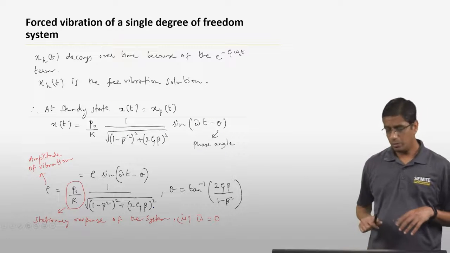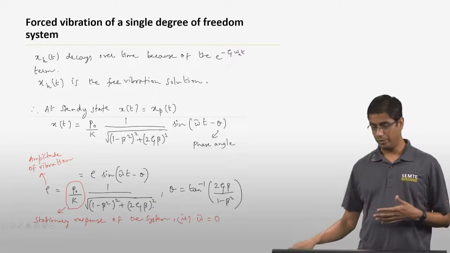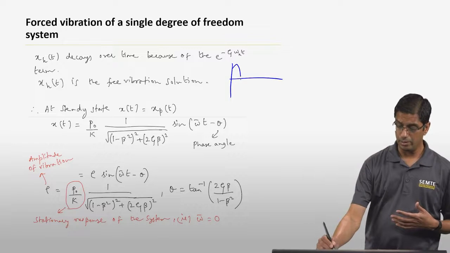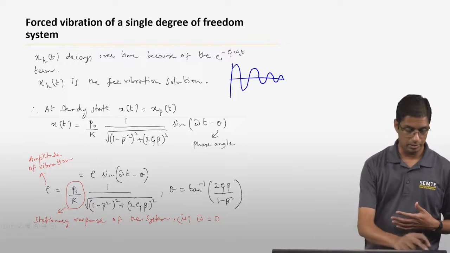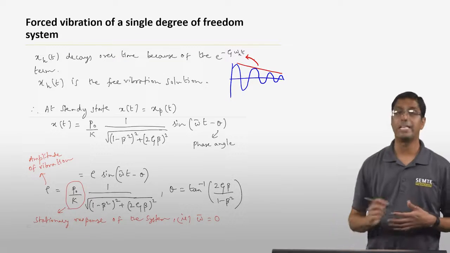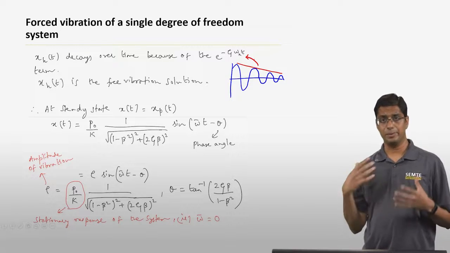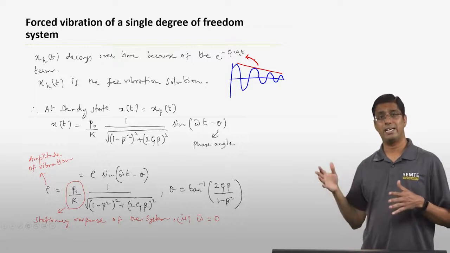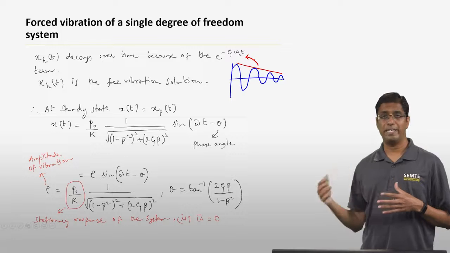Okay, now one thing that you might recall is that the homogeneous solution decays over time. If you recall, we plotted how xh of t evolves over time, and we saw that it is always going to keep going down. This reduction is basically that e to the minus zeta omega n t. So this xh of t, which is the homogeneous solution or the free vibration solution, is going to decay as a function of time, and it will reach a value very close to zero in a finite amount of time.